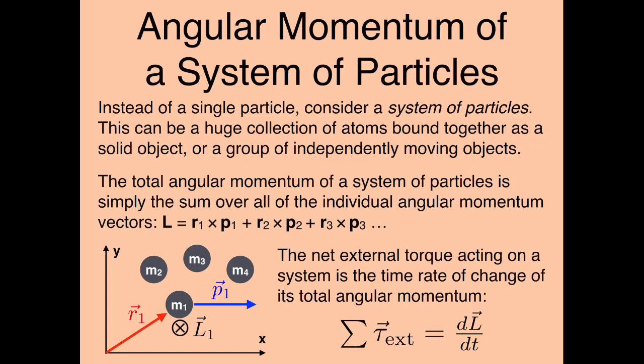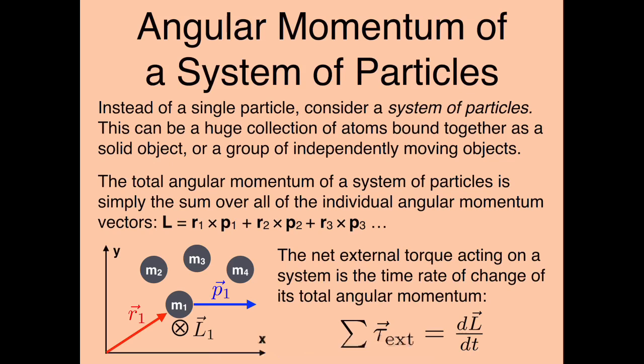Instead of just one particle, we want to consider a system of many particles. Now, this can be anything from a huge collection of atoms that are bound together as a solid object, like a spinning wheel or a rolling ball, or we could be talking about a group of independently moving objects. Whatever the case may be, we're talking about a system of many different particles.